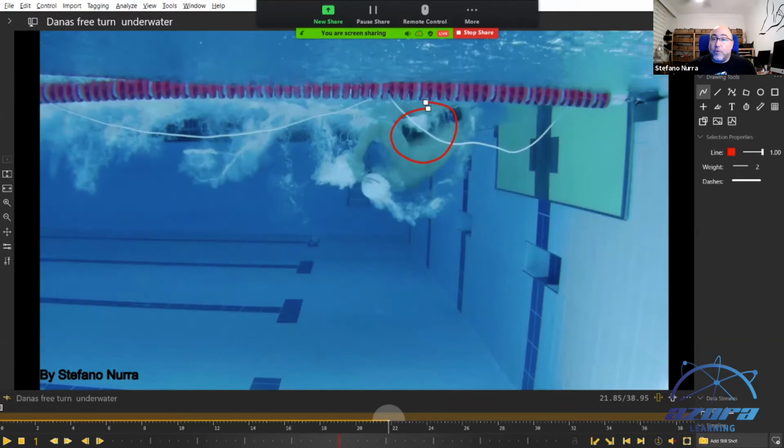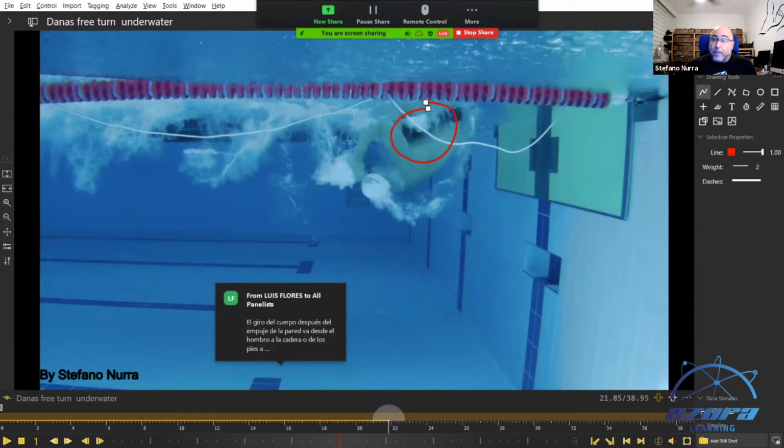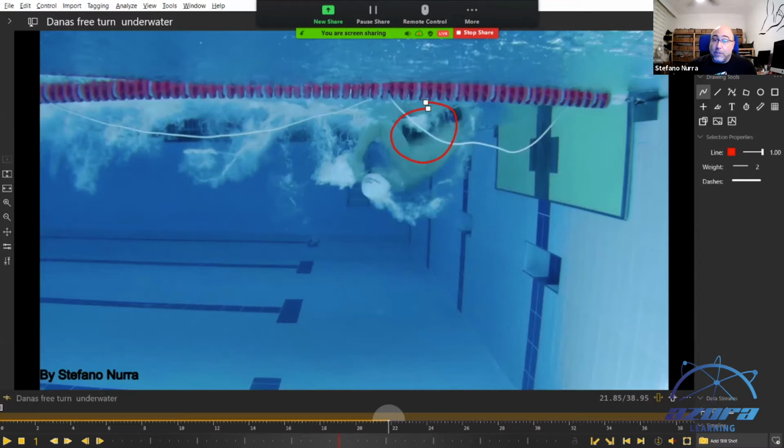We need to be able to keep the body under control when the body is moving fast, and we absolutely need to be able to close the body. I repeat, chin to the chest, knees to the chest, feet to the hips. The more the body is closed, the faster we can rotate.